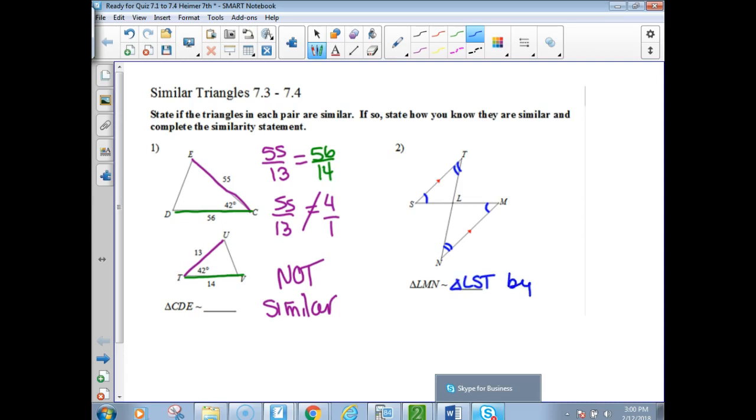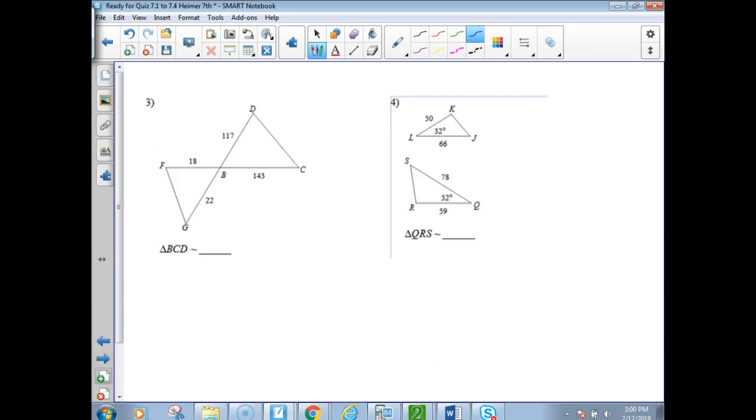And it would be by angle, similar. Number 3, vertical angles are congruent. You can mark that on your diagram. Next, you would need to check if the sides are in the same ratio.